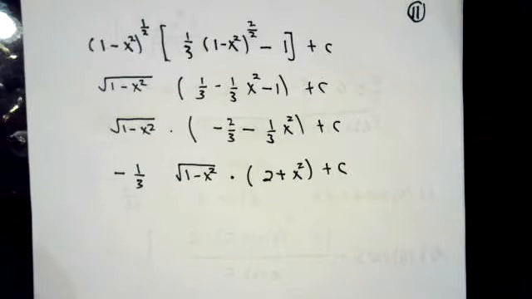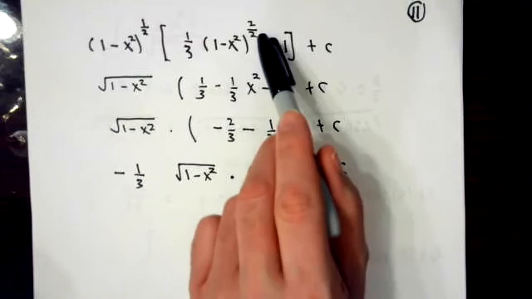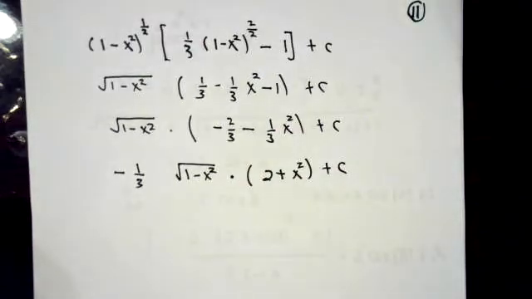As far as I'm concerned, what we had written on the previous page is a perfectly good way to represent the situation. However, you can try to factor some things out. If you factor out a 1 minus x squared to the 1/2 power, the part that remains inside, 1 minus x squared, is going to be raised to the 2/2 power, which is 1.